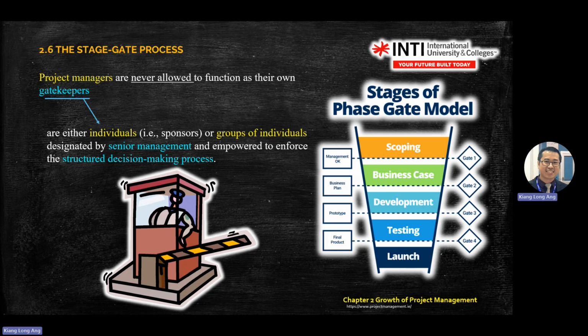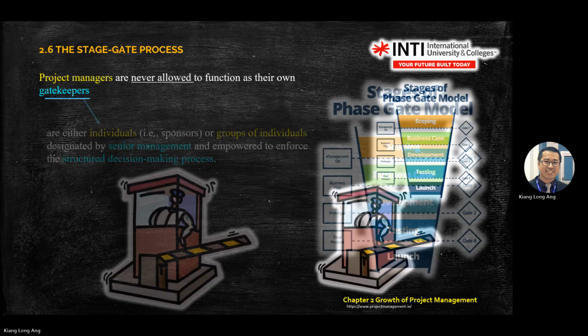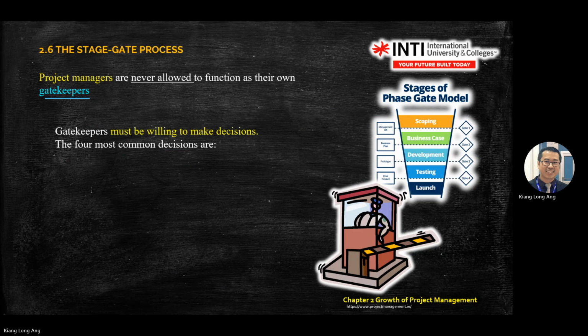They are empowered to enforce a structured decision-making process, so they are also key players for the decision making. One criterion for gatekeepers is they must be willing to make decisions. If they don't make decisions, the phase will stop there and wait for a decision. It cannot proceed further.